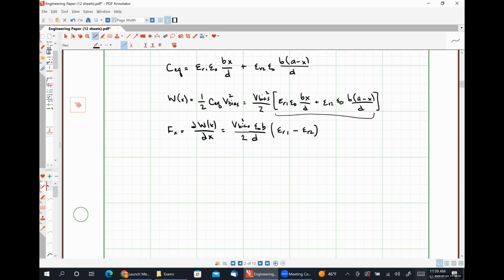So for any material where epsilon R1 is greater than epsilon R2, that means effectively that the force that's generated is going to try to pull the material having a permittivity epsilon R1 further into the space between the plates and will displace the material having a permittivity of epsilon R2 out, okay?